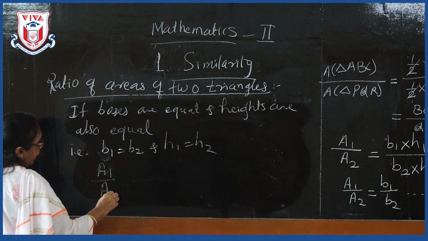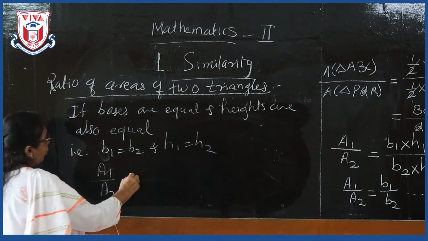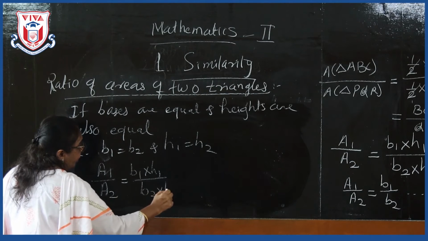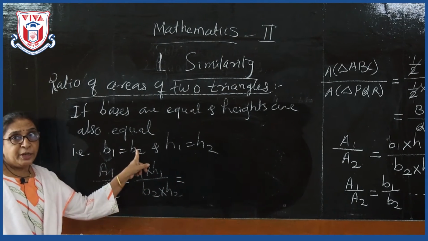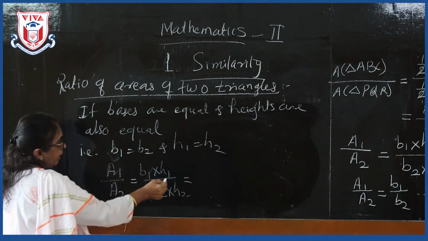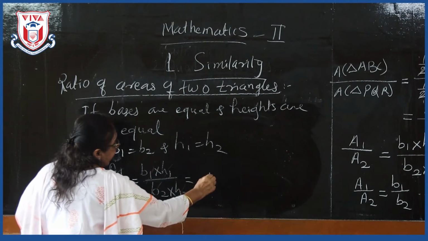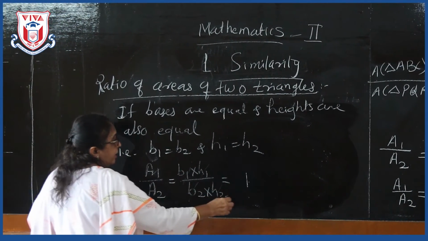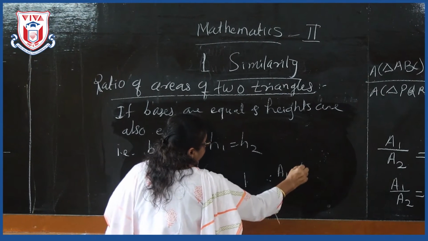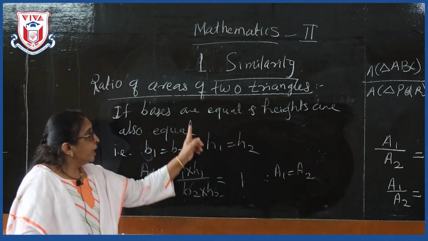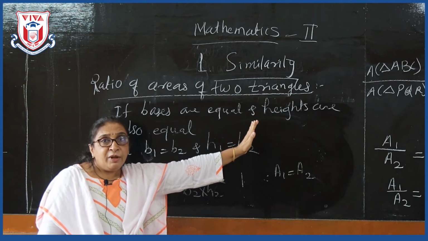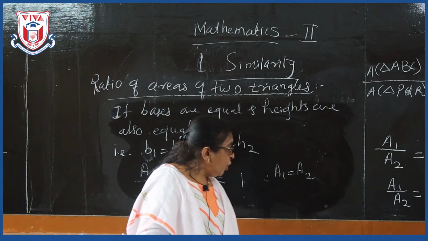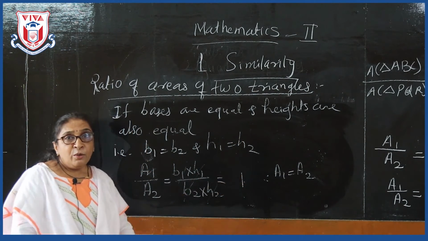Then A1 upon A2 will be equal to, we know the formula, B1 H1 upon B2 H2. As B1 and B2 are equal, they will cancel each other. H1 and H2 are equal, they will cancel each other, and we will get the ratio equal to 1, and hence A1 will be equal to A2. So, if the heights and bases are equal for two triangles, then they have equal areas, and therefore the ratio of areas will be equal to 1.